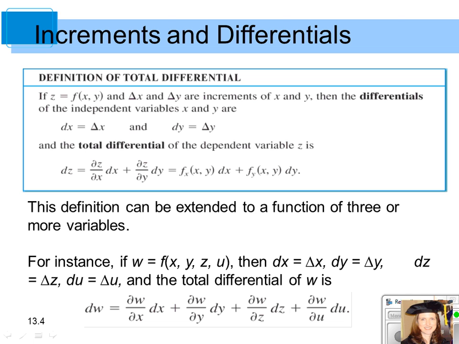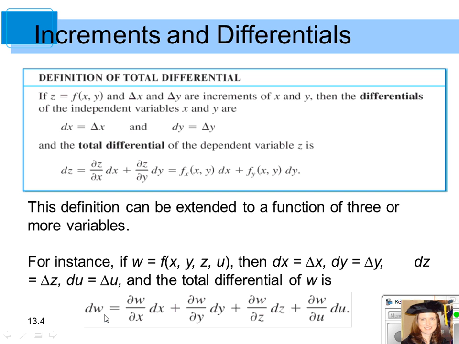You can also use the subscript notation. This definition can be extended to a function of three or more variables. For example, if you have w as a function of x, y, z, and u, and you have differential x equals delta x, differential y equals delta y, differential z equals delta z, and differential u equals delta u, then the total differential is found by taking the partial derivative of the function with respect to each of those variables times the differential of each of those variables.